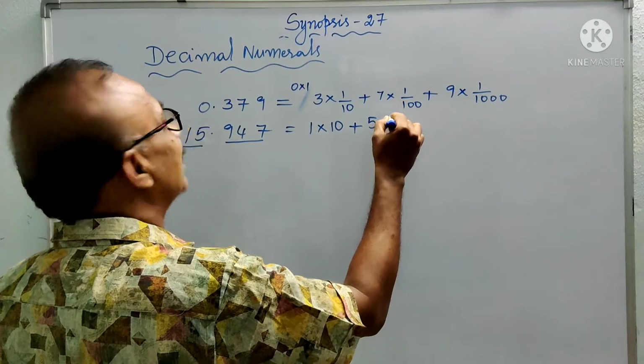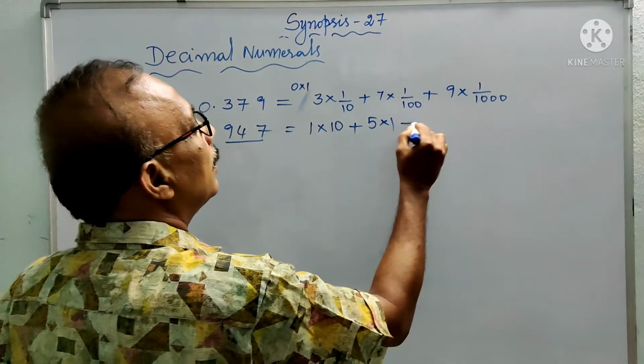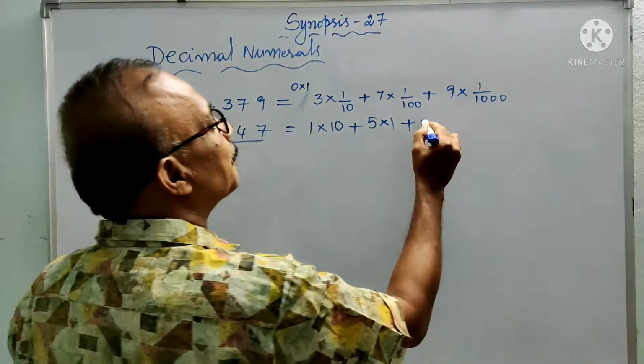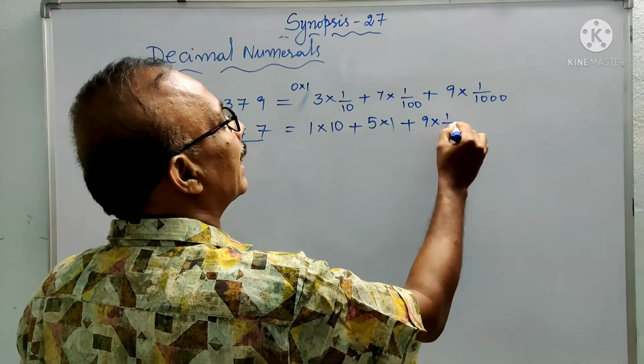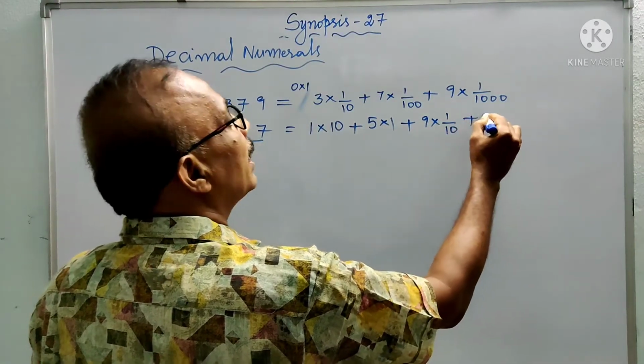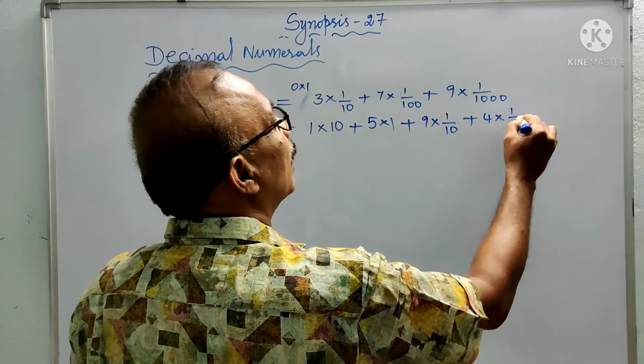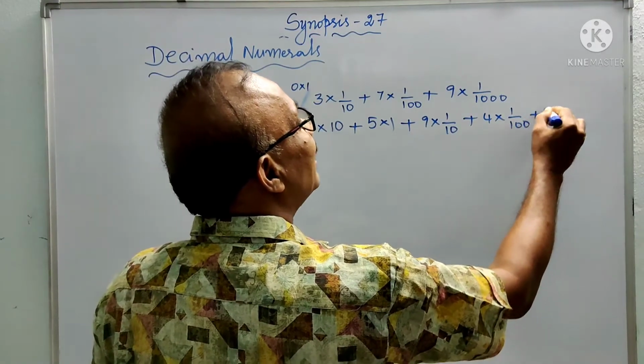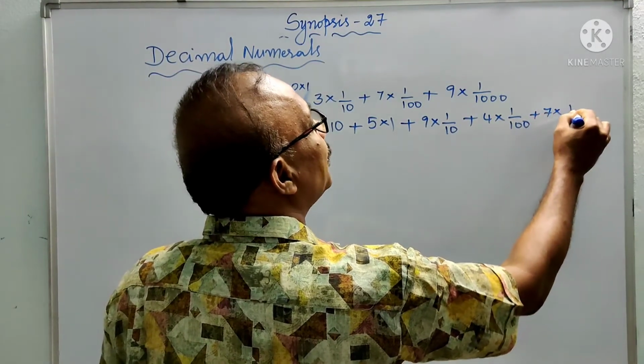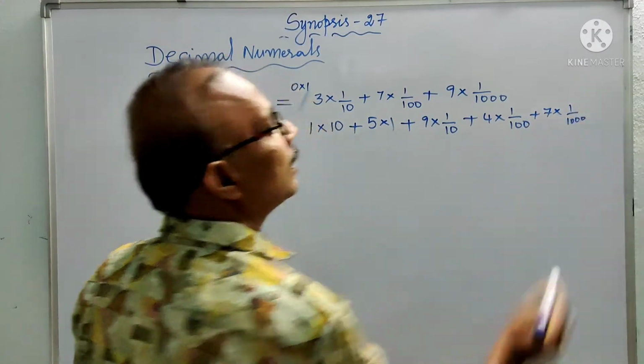5 into 1, plus 9 is in the tenths place, so 9 into 1 by 10, plus 4 is in the hundredth place, 4 into 1 by 100, plus 7 is in the thousandth place, so 7 into 1 by 1000, and so on.